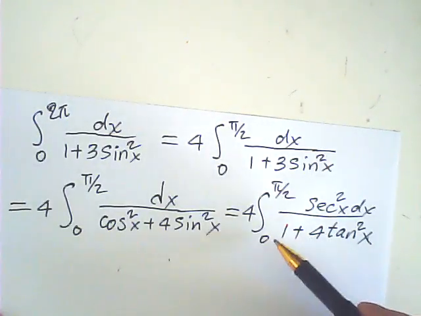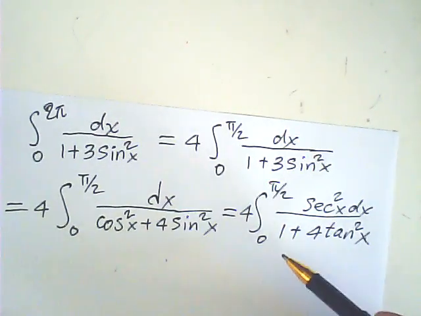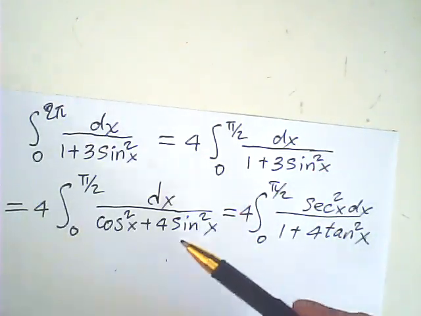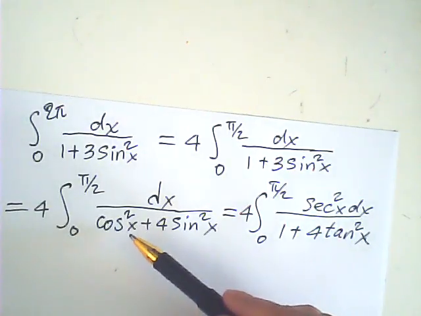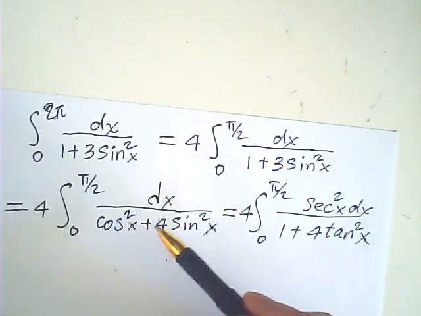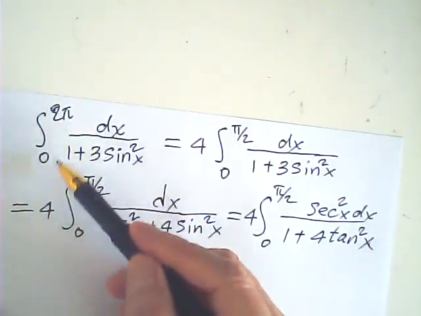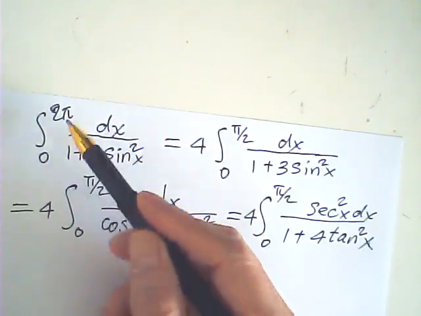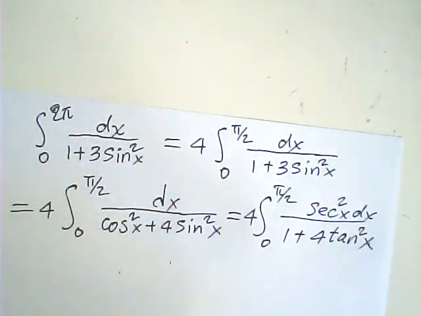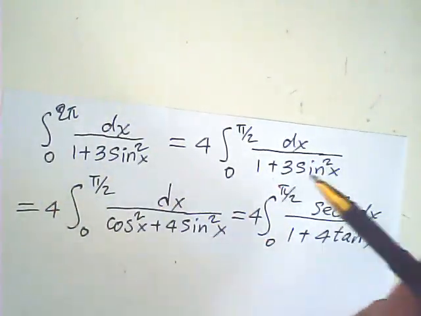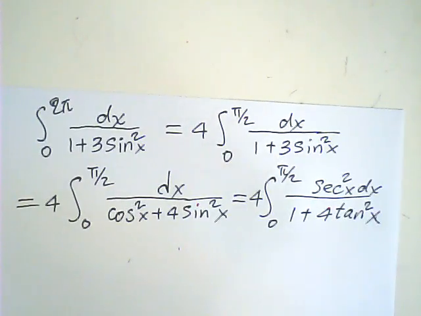Now here, in this interval, dividing by cosine square is possible because cosine of half pi, 0, is not in the interval. But I cannot do that for division by cosine square if in this interval, some points are not continuous.